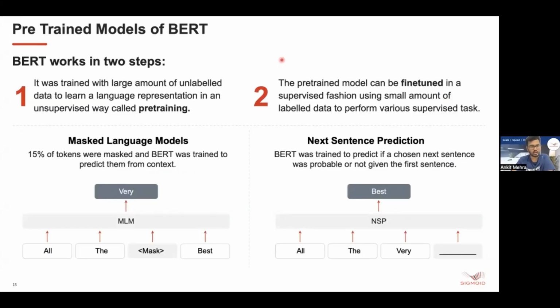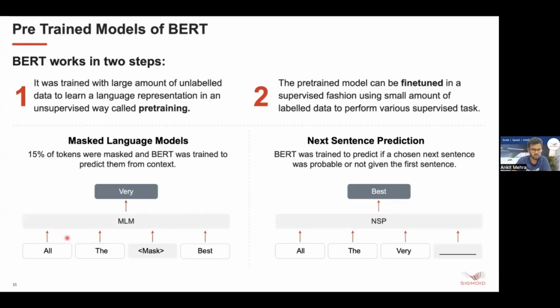Now let us look at pre-trained models of BERT. So BERT works in two steps. It was trained with a large amount of unlabeled data to learn the language representation, which is called pre-training. It was done with the help of Wikipedia data, and two different techniques were used: masked language modeling and next sentence prediction. In masked language modeling, 15% of the tokens were masked, and BERT was trained to predict them from the context.